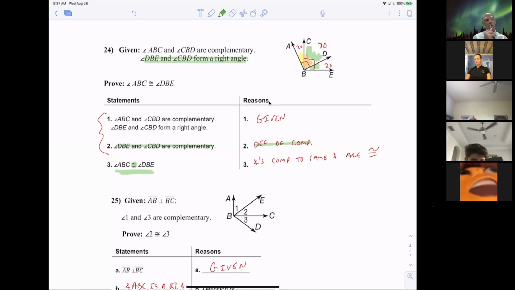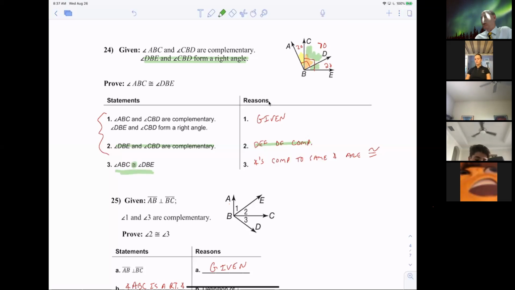I can have a right angle without it being complementary to anything. True? Like two perpendicular lines form a right angle, right? We don't say they're complementary. Now, I'm just trying to help you with the details, that's all.